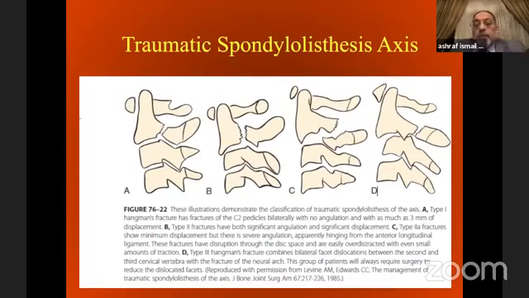With the third part, there is complete rupture of the disc from posterior to anterior. And the fourth type is a flexion injury, starting with flexion injury leading to dislocation of the facets, and then hyperextension injury that breaks the pars interarticularis.